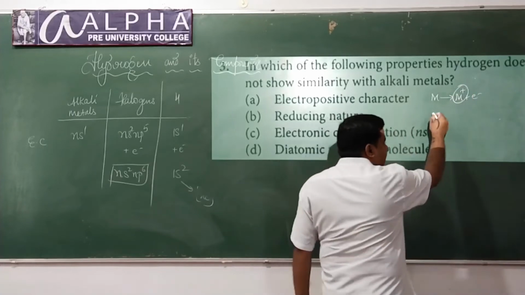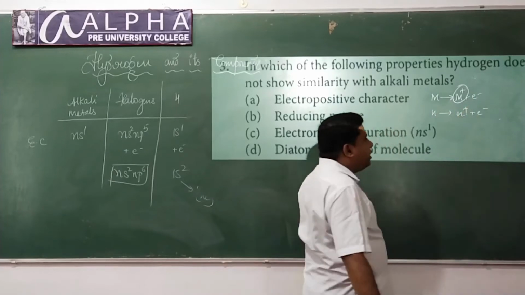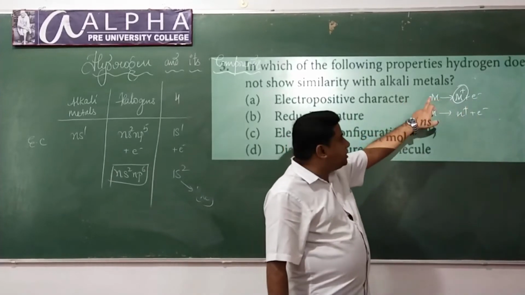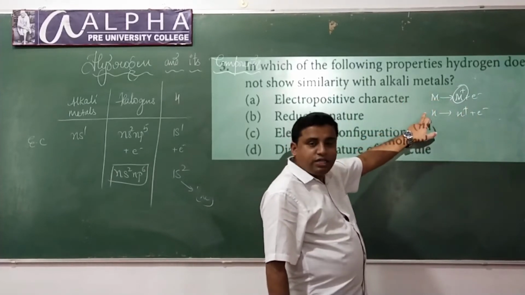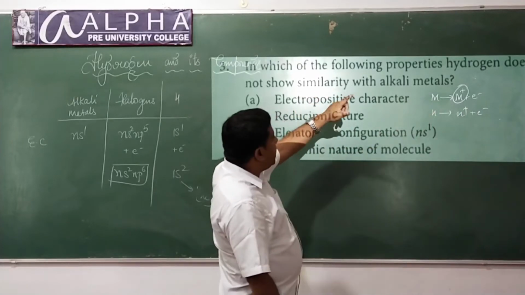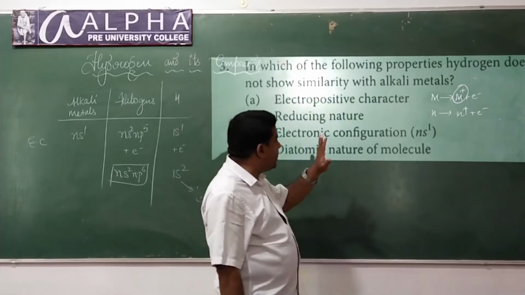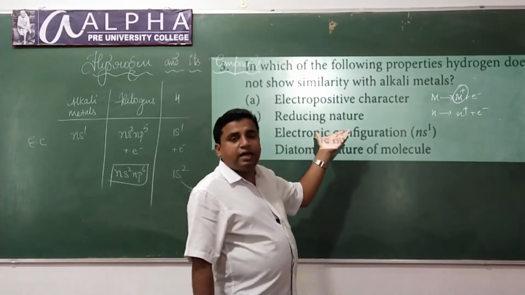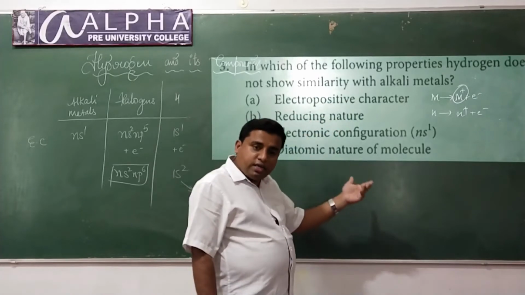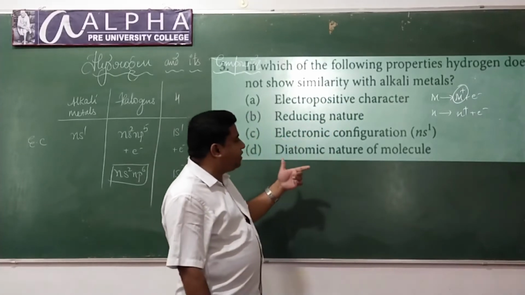Hydrogen will also lose one electron and form a unipositive ion. This reaction shows that just like alkali metals, hydrogen is electropositive in nature. So hydrogen resembles alkali metals in its electropositive character. That is correct. Just like alkali metals, hydrogen is also a reducing agent. That is correct.